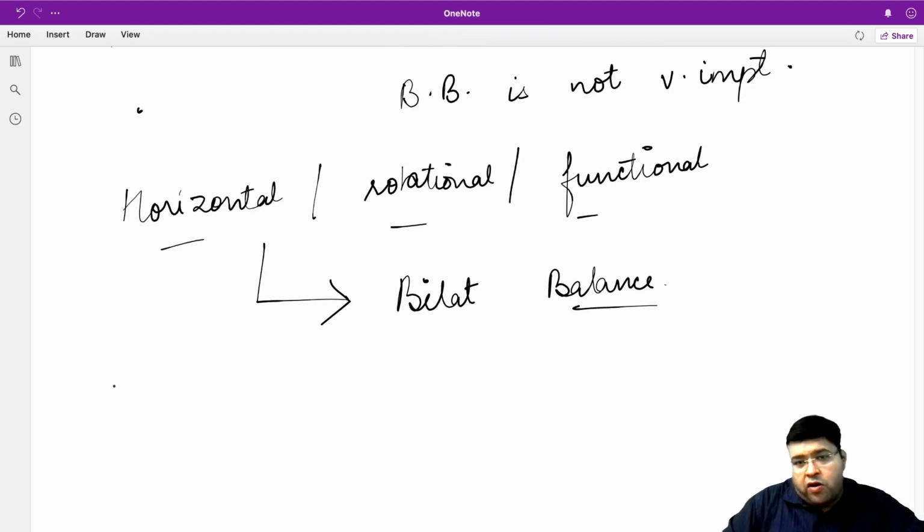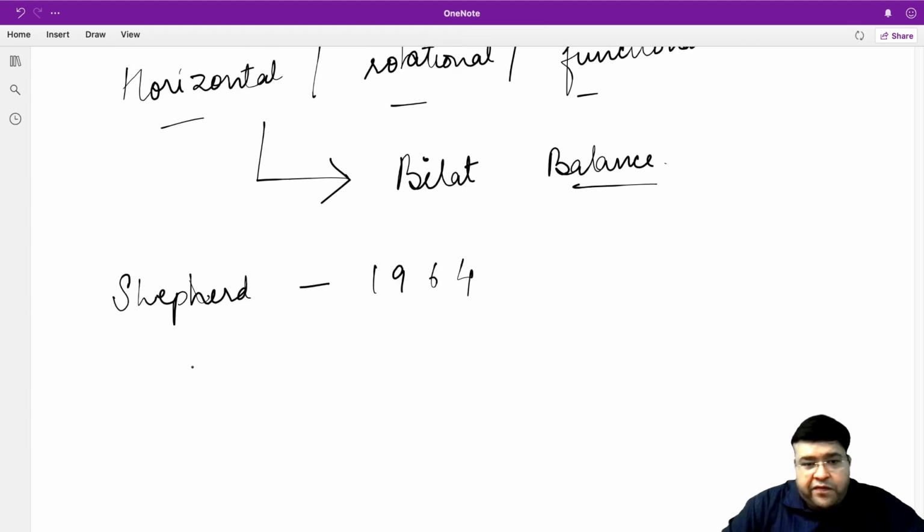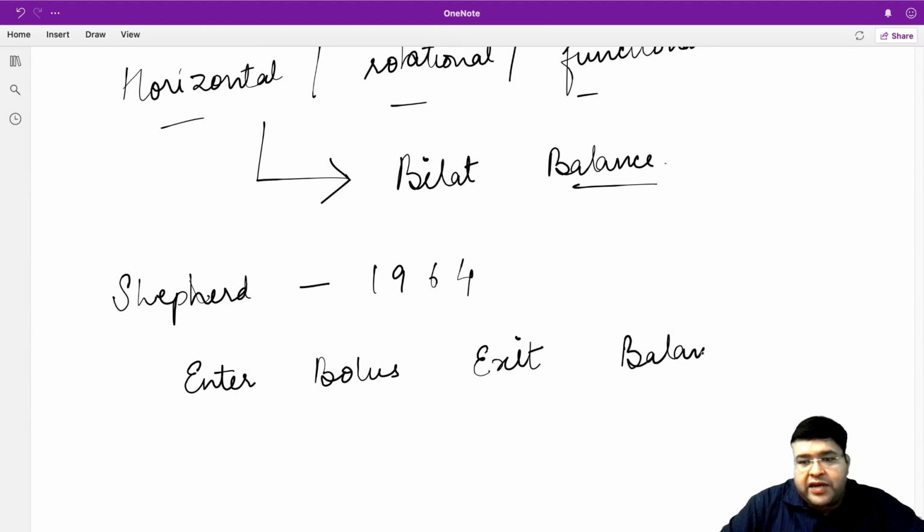But just contrasting to this, there was a concept given by Shepherd in 1964, and he gave this very famous statement which is called "enter bolus, exit balance." So what do you mean by this statement?